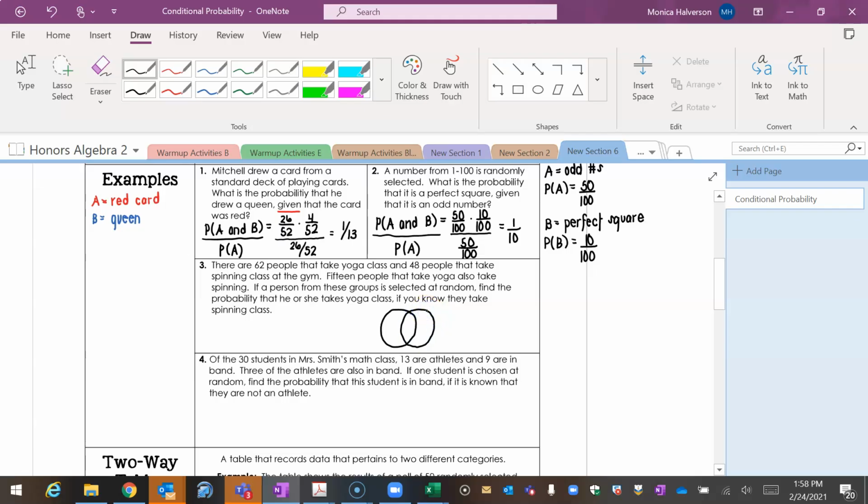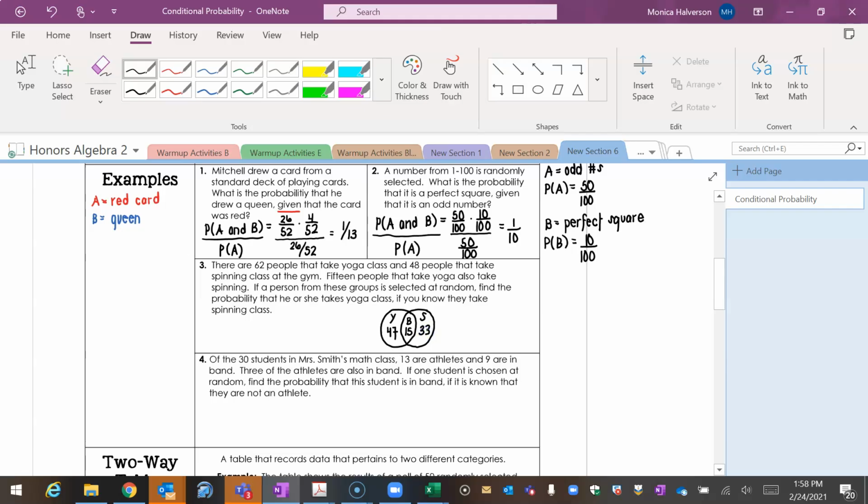Here's yoga, here's spin, and here's both. So we know 15 people take both, which means that 47 only take yoga and 33 only take spin.